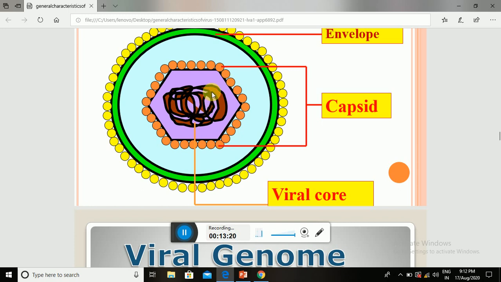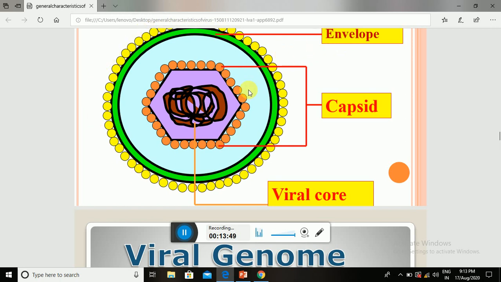This genetic material is protected by capsomers, which together are commonly known as the capsid. It is a viral protein. Surrounding the capsid is an extra protecting layer, the envelope. The origin of the envelope is the host cell. It is not synthesized by the virus itself. It is gifted by the host.